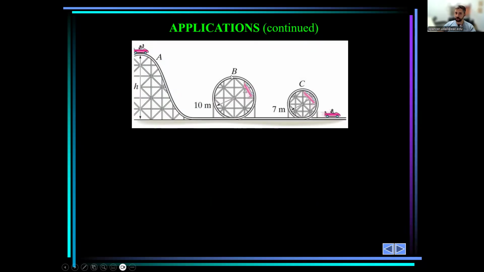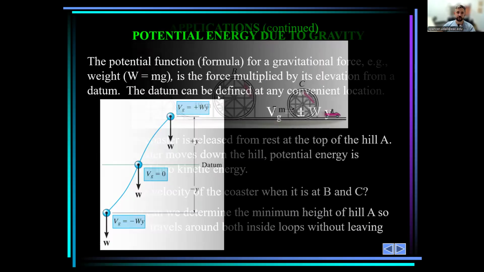And then as it goes around loops and things like that, it loses kinetic energy as it gets higher and converts back into potential energy, right? So we're able to very fluidly totally bypass accelerations and even work that we had to do in the last section because we can classify it all as kinetic or potential, right?